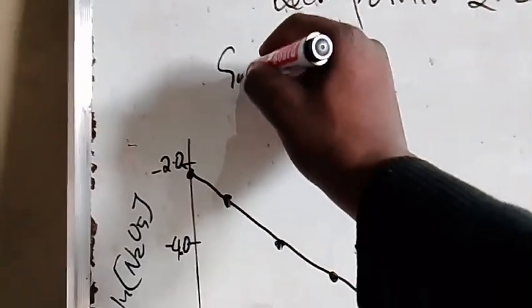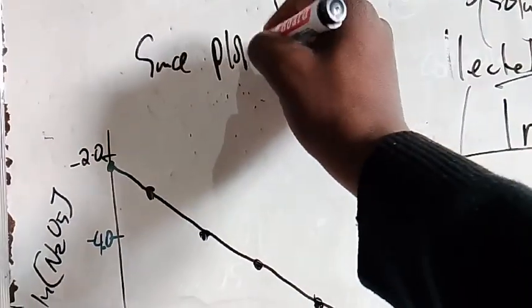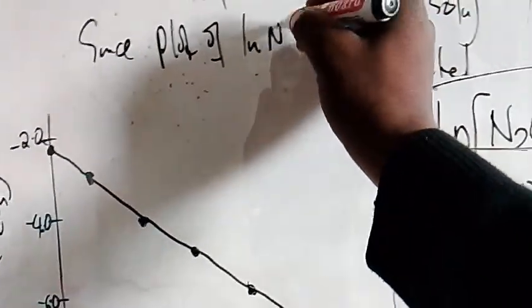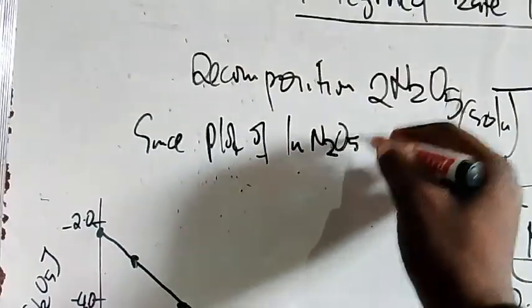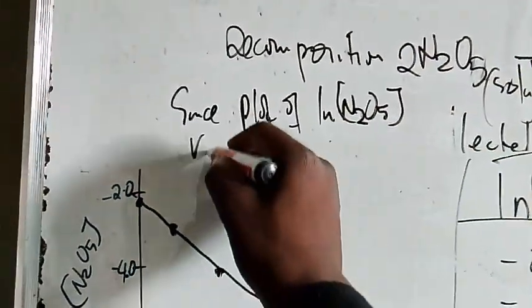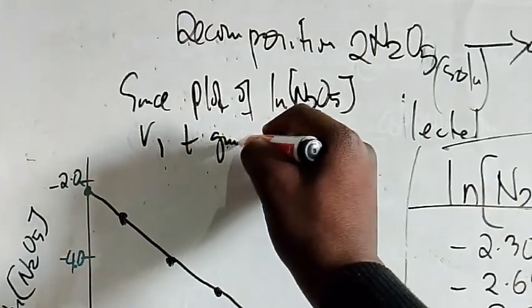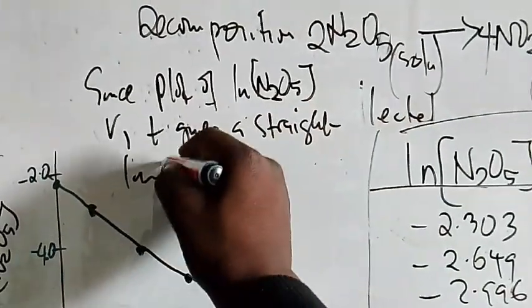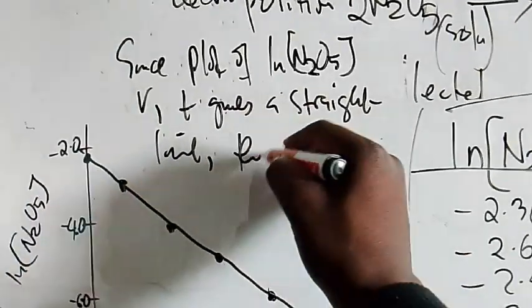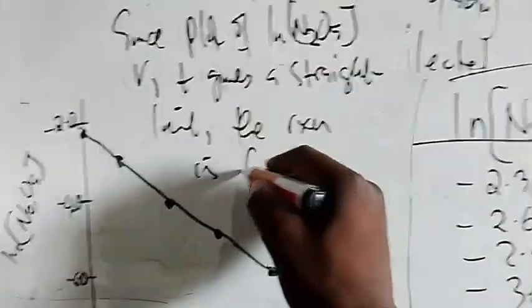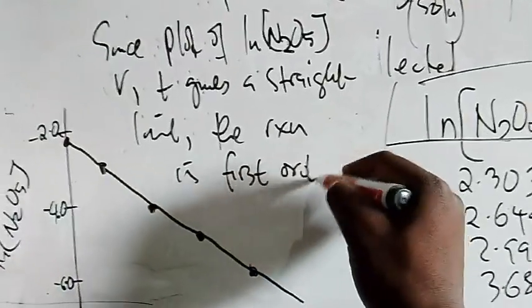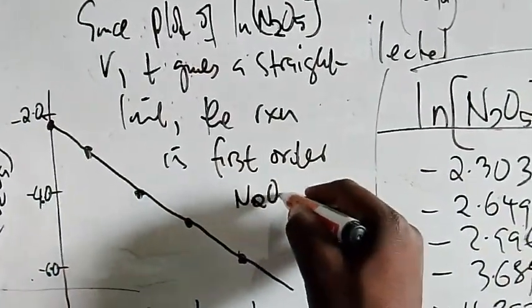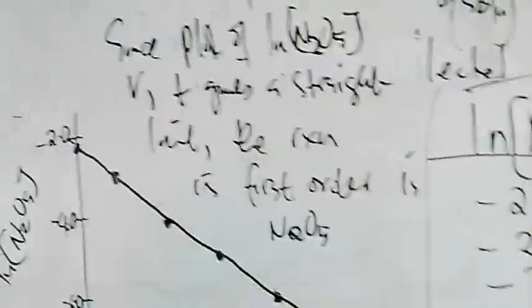Since a plot of ln N2O5 versus t gives a straight line, the reaction is first order in N2O5. Okay, so that is how you verify.